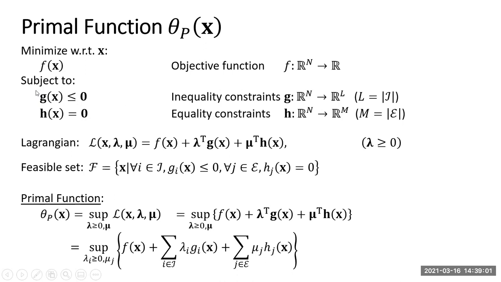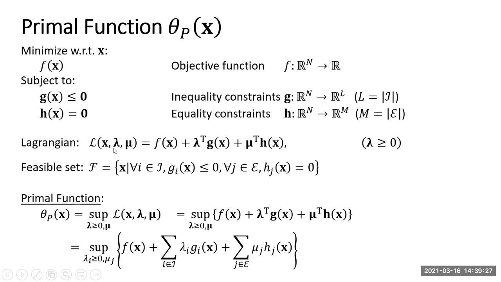So all l scalar inequality constraints I have put together as this vector inequality constraint. Likewise, h of x is equal to 0. Here, h is a vector function. It's a mapping from Rn to Rm, where m is the cardinality of the set of equality constraints. I forgot to mention, l is the cardinality of the set of inequality constraints.